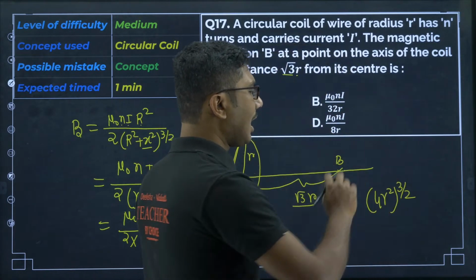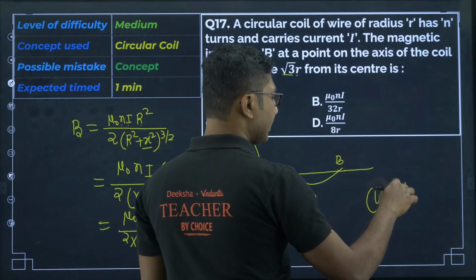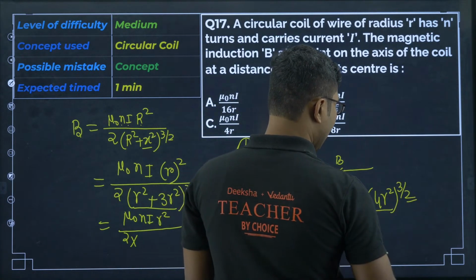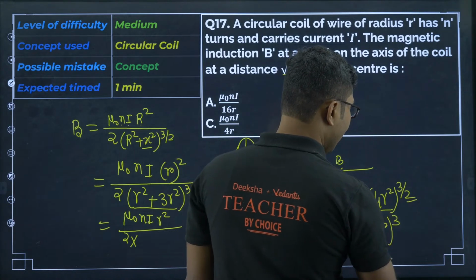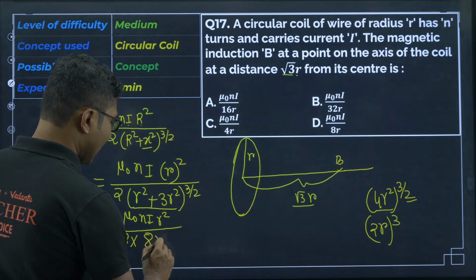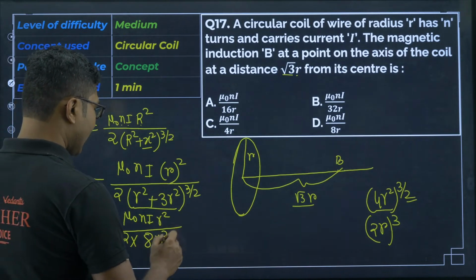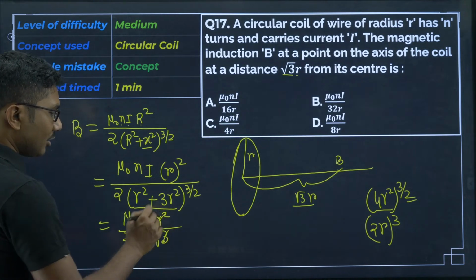So, first we take the half out of the equation. To remove this half, what you have to do? You have to take the square root. Square root of 4 r square is basically 2 r, and then we will only be left with the cube. So, 2 r whole cube is basically 8 r cube. Now what will happen? This r square and this r cube will cancel.